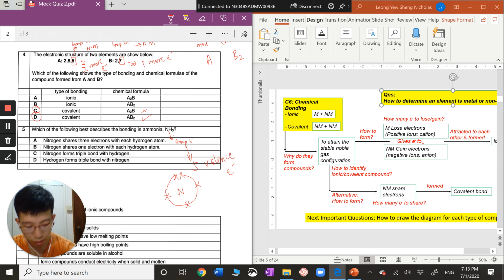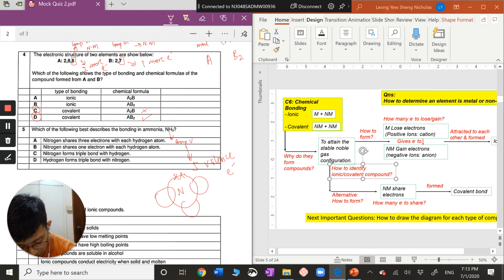For these 3 hydrogens, it will be sharing 1 electron each. So this is a covalent diagram of ammonia.